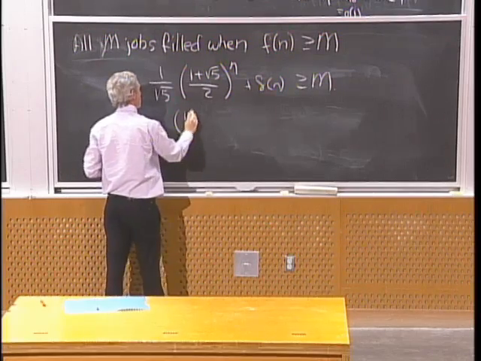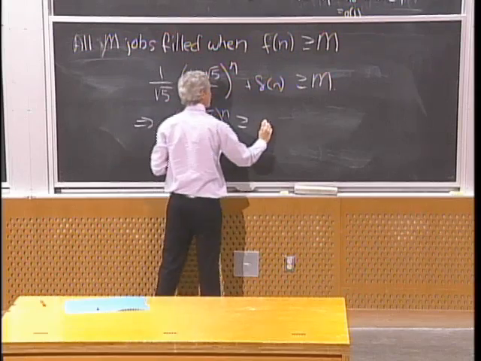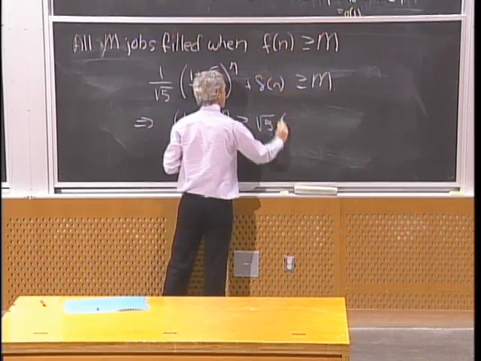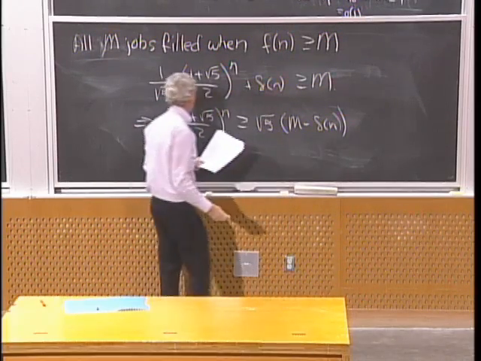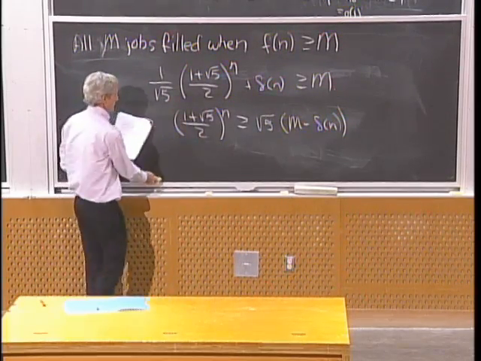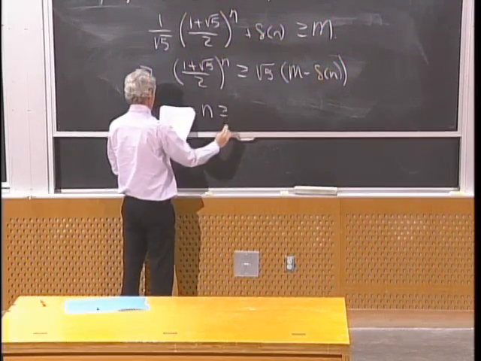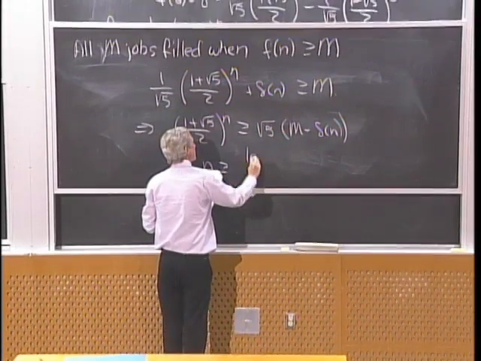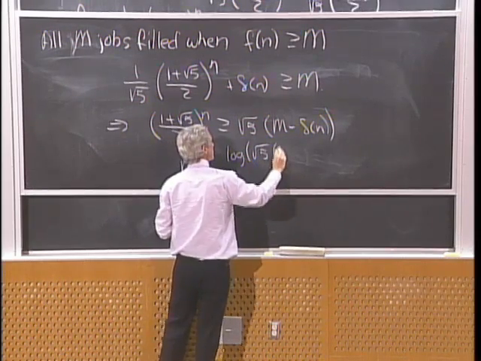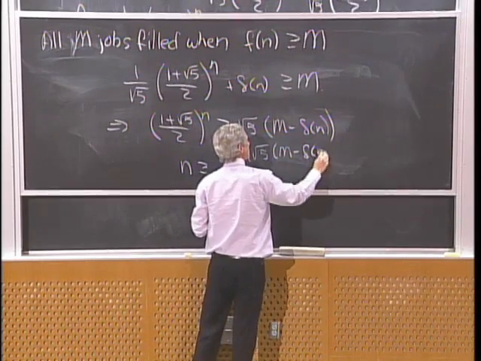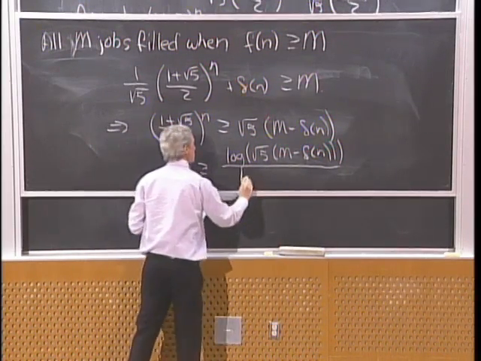That gives me the golden ratio to the nth power bigger than or equal to square root 5 times m minus the tiny thing. Now I take logs, and n is bigger than or equal to log of this over log of the base.